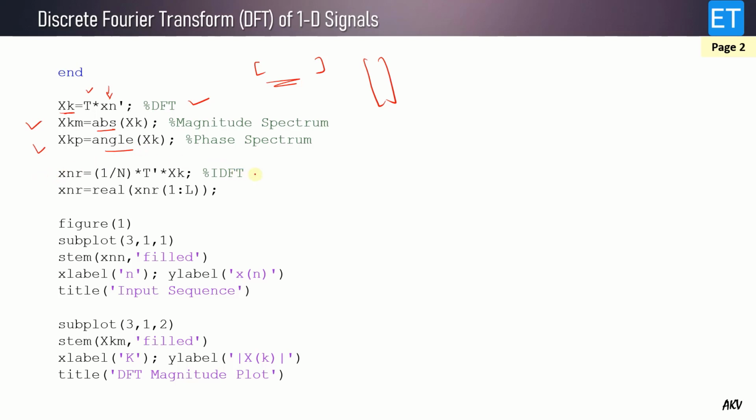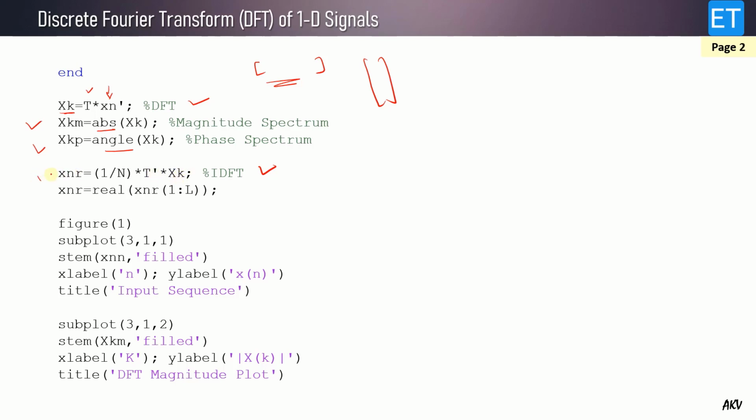And now I am taking the inverse transform. So inverse transform is simply that formula which we have already discussed. That is 1 upon n, T transpose. Actually T transpose will give you the complex conjugate, and then xk, your DFT value.